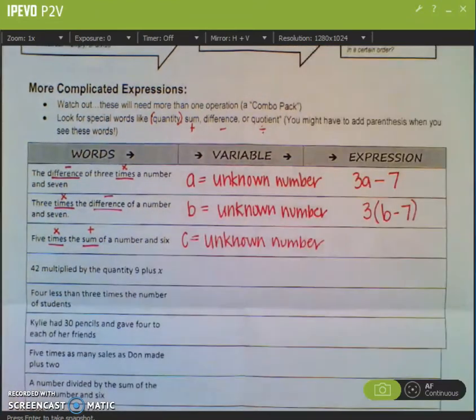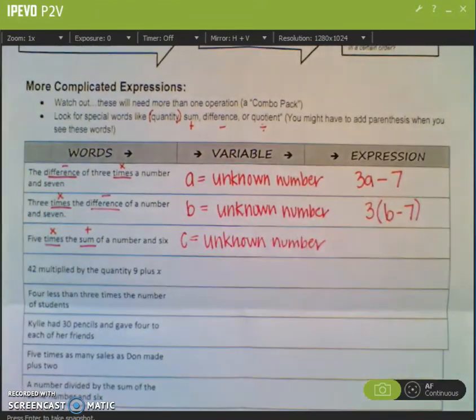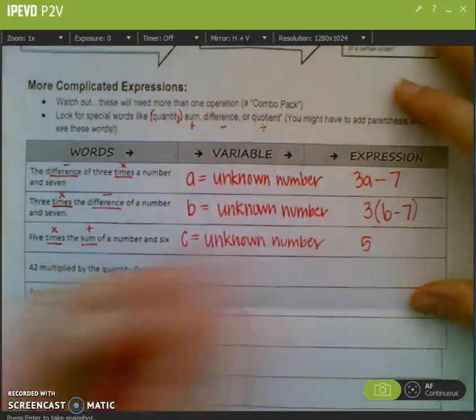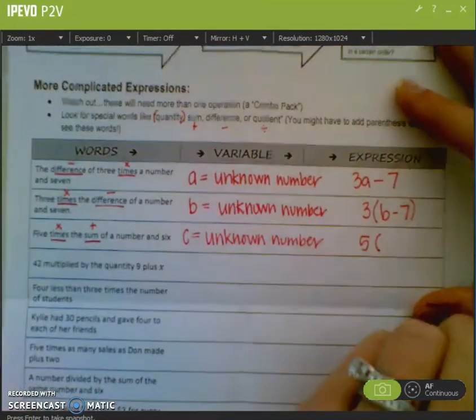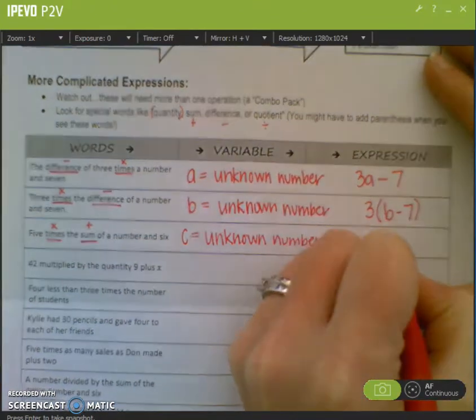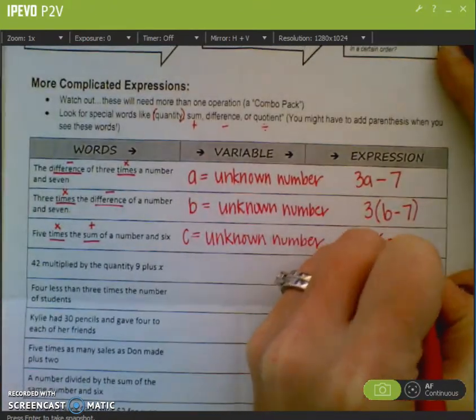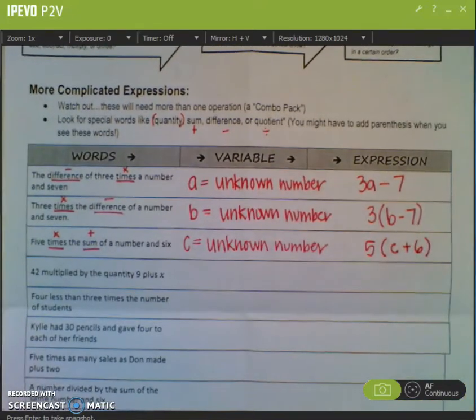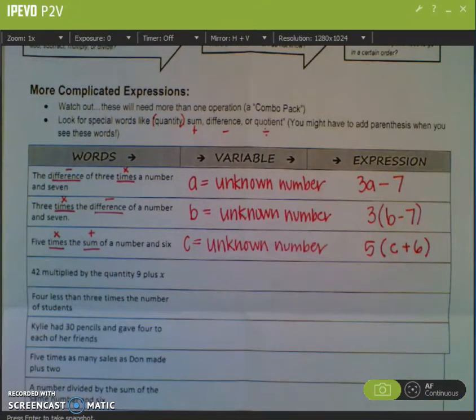You can pick any variable you want. And we're going to do 5 times this whole sum. So the sum is what's going to go inside parentheses. A number, which is C, and 6. Sum means to add, so C plus 6. And we're going to do 5 times all of that, so it all goes in parentheses to show order of operations that we have to add before we do 5 times that sum.